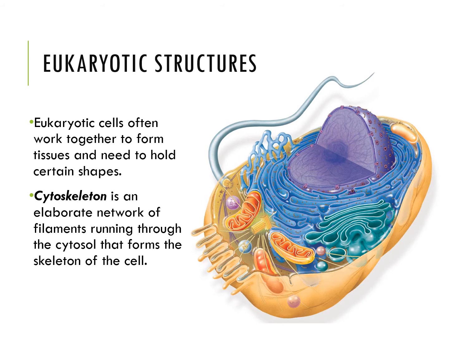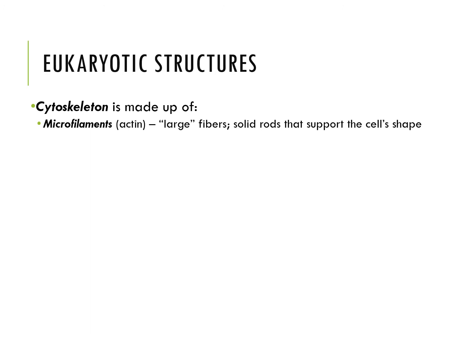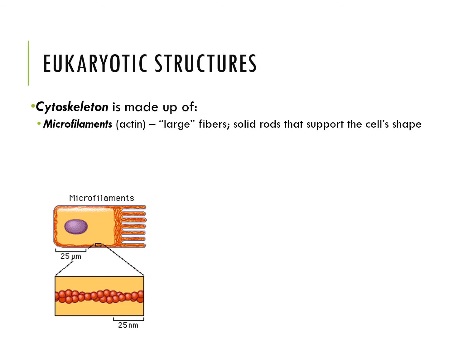It just keeps the cell together, kind of like a skeleton. The cytoskeleton is made up of microfilaments, which are large fibers, solid rods that act as a cell shape. A lot of times we call this actin. You can see the microfilaments right there.